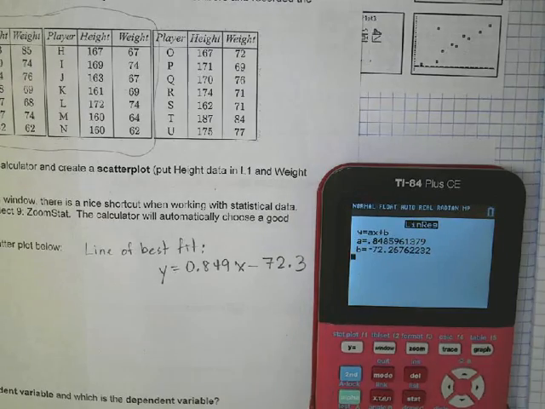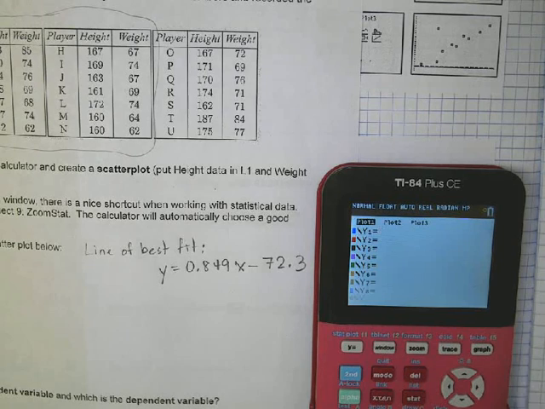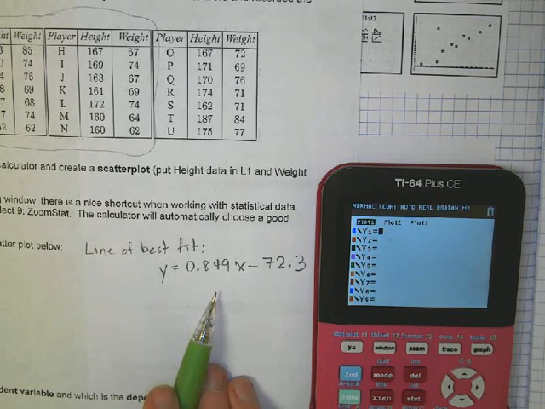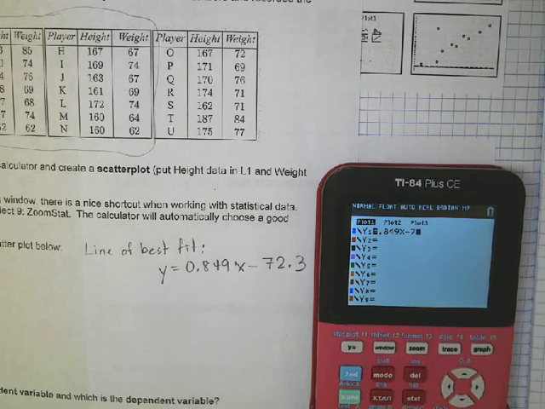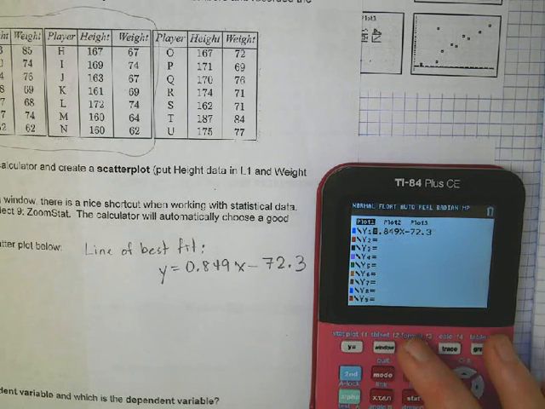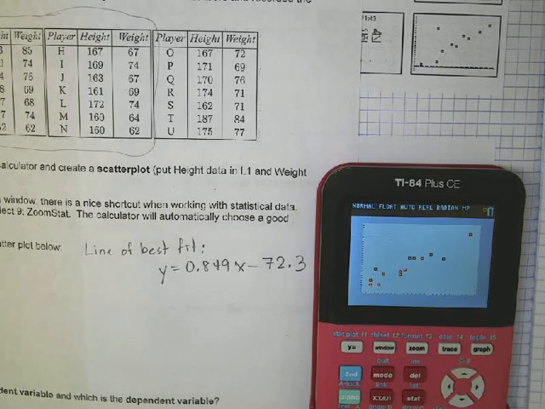So now I'm going to hit y equals, and I'm going to type in this equation, 0.849x minus 72.3, and then I'm going to have a look at it and see if it actually does line up well with my scatter plot. I'm going to go ahead and do zoom 9 again, and let's see if that line looks good. And it sure does. That looks like a very nice line of best fit.